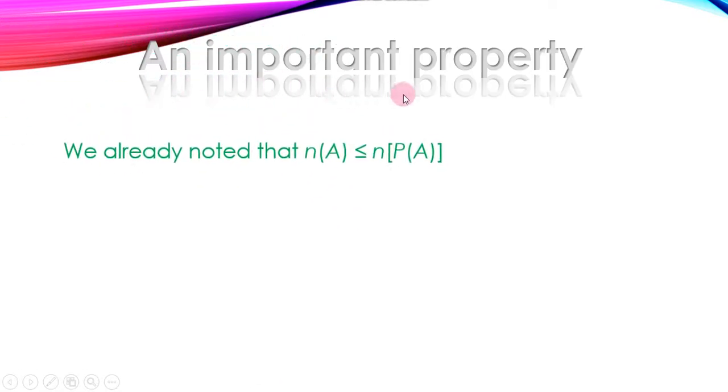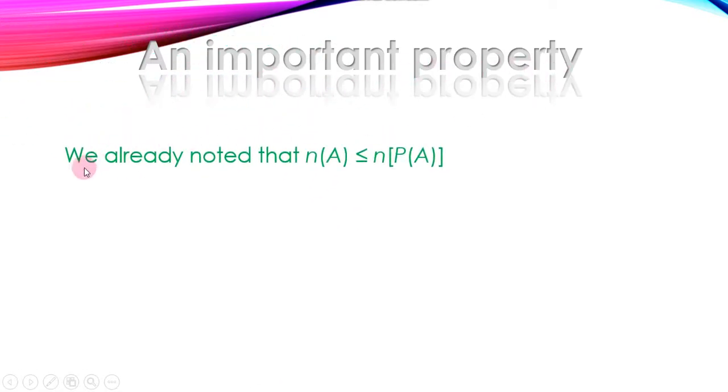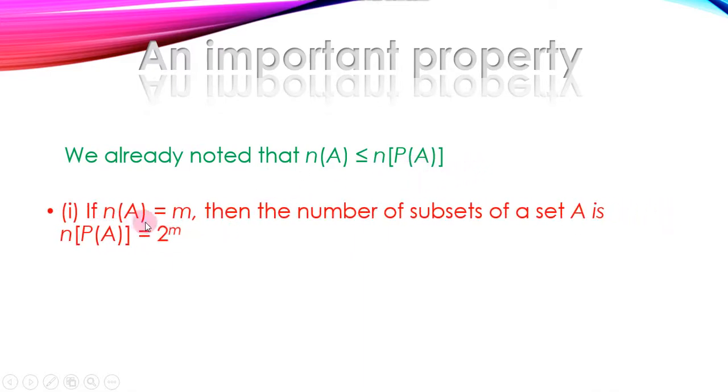Let us see some important properties. We already noted that n of A is less than or equal to n of P of A. If n of A equal to m, then the number of subsets of a set A is n of P of A equal to 2 power m.